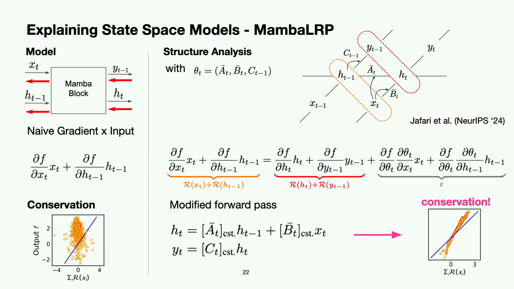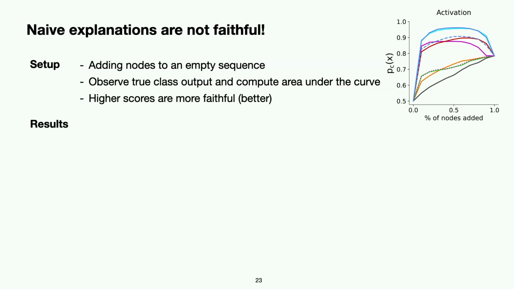Okay, so with that we can look at some use cases. But before that we actually evaluate. So we come now to this evaluation part that we already briefly discussed. How to check if this is actually a meaningful attribution heat map is we can remove or add the most relevant ones to an empty sequence. So here we start with an empty sequence and we add the most important ones.